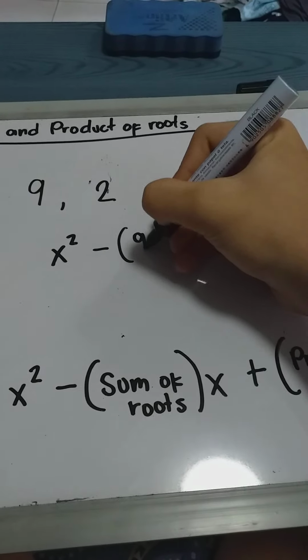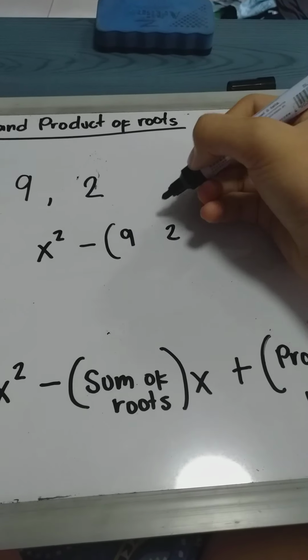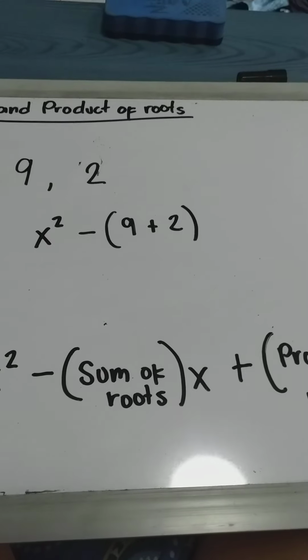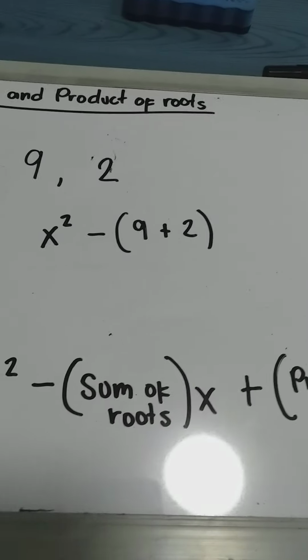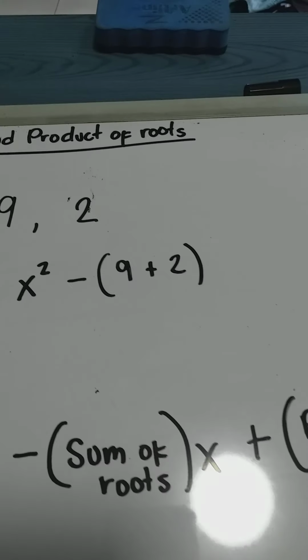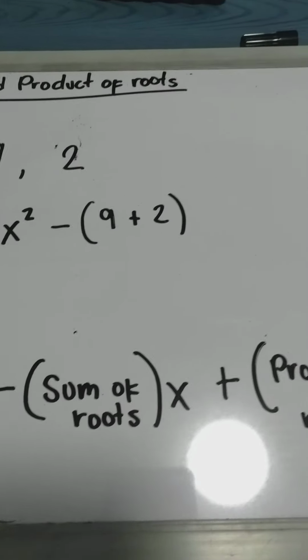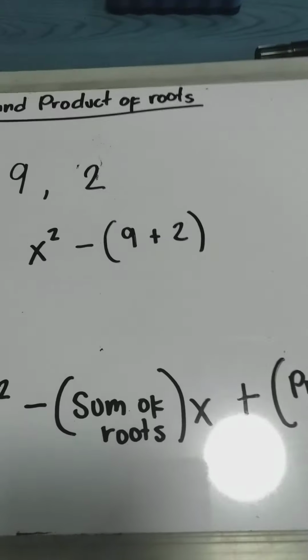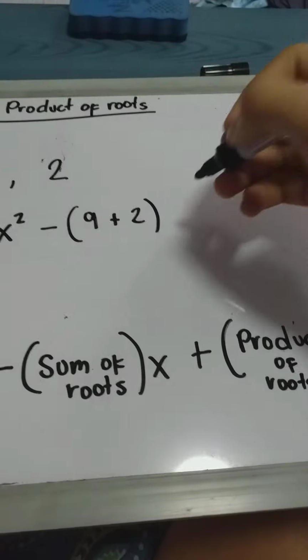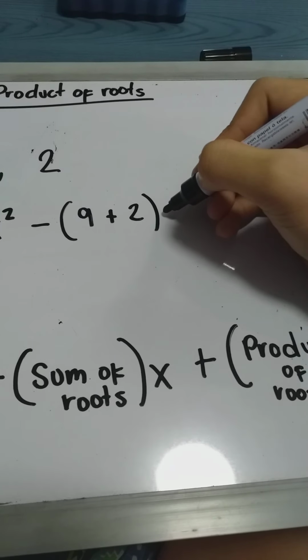We put them here and here, and we add a plus sign in parentheses. Do we have to solve it first? No, it's up to you. In my case, to make it not that hard, if you're already good, you can just add them all together. But if you're a beginner, just do what I'm doing.